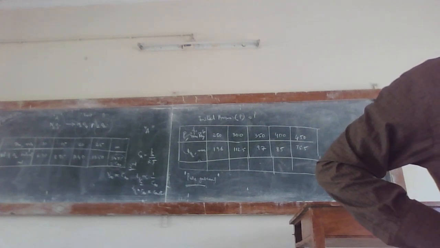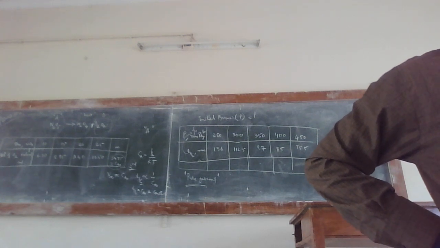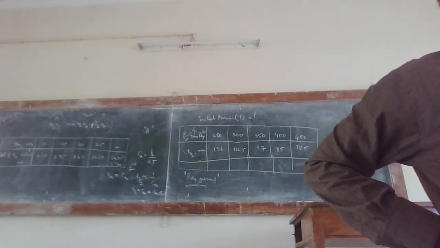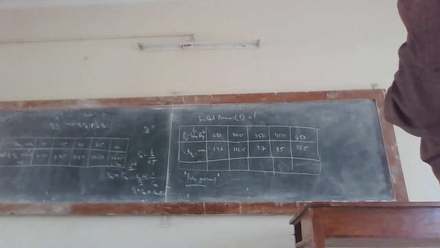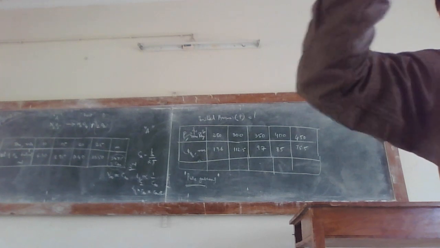For the nth order T half relation, what is the relation for T half versus Ca naught for nth order? I just wrote T half proportional to Ca naught power 1 minus n.